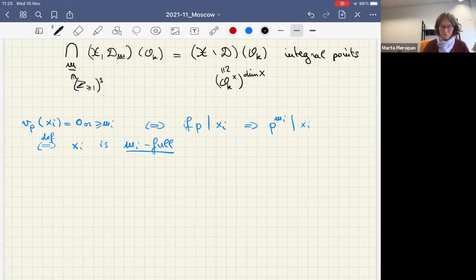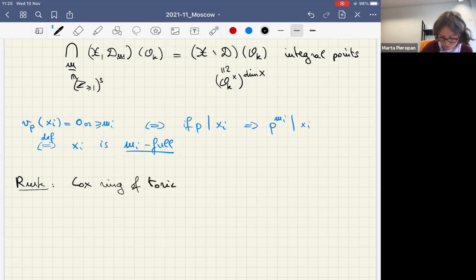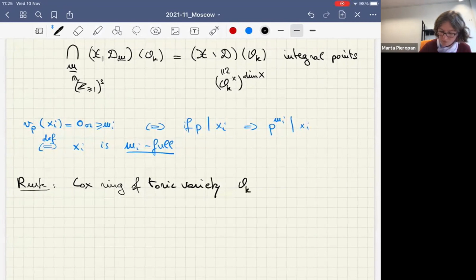So in order to lift to my favorite torsor, I'm going to recall the Cox ring of a toric variety. I'm going to find the model of this Cox ring over my ring of integers.